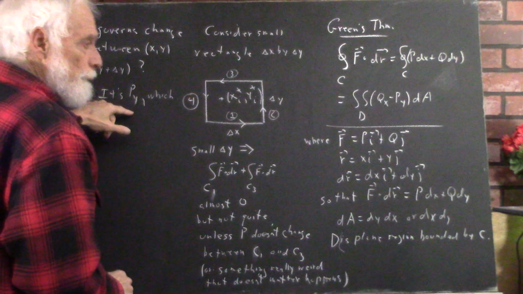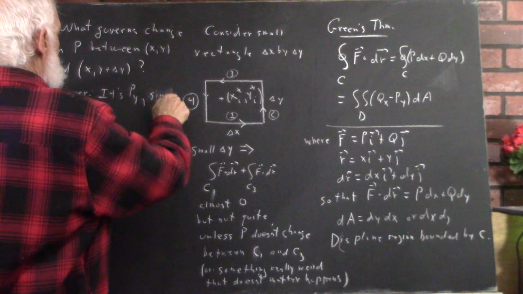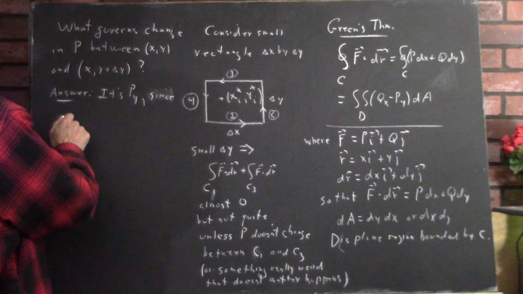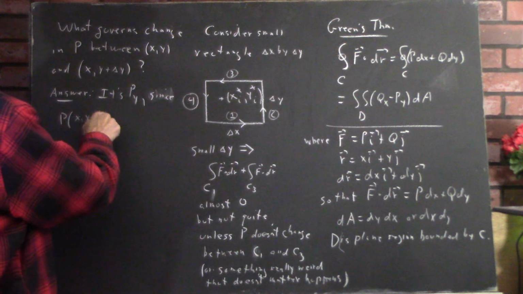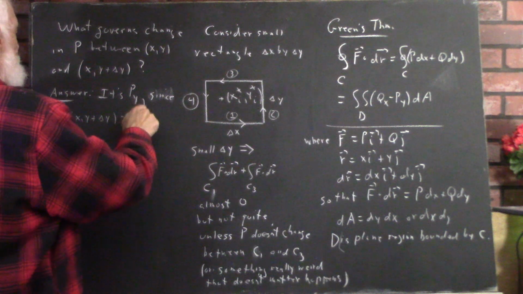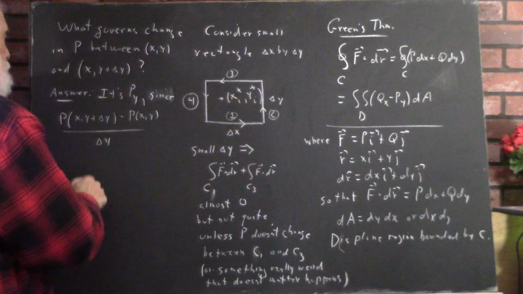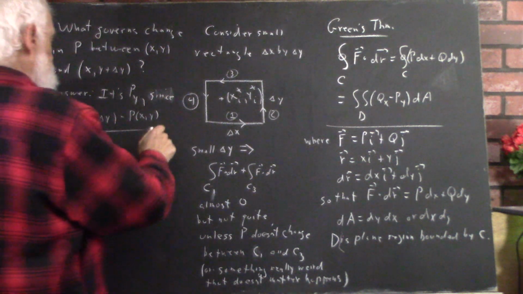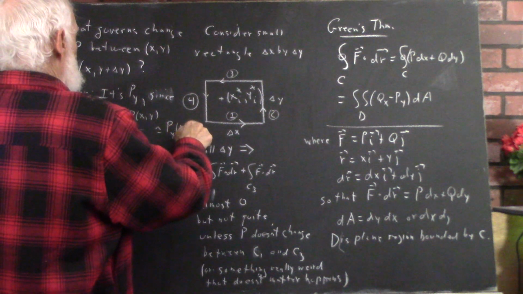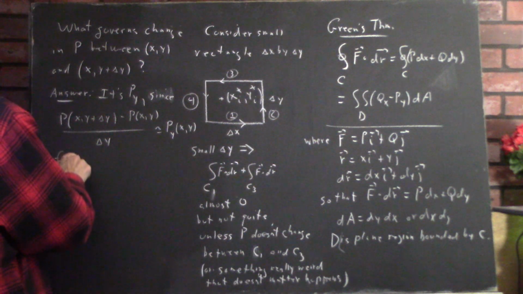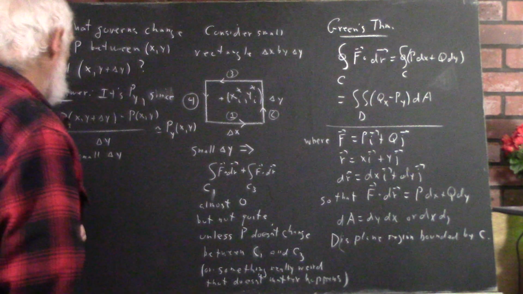Because, of course, since P of (x, y plus delta y) minus P of (x, y), over delta y, is approximately equal to Py at (x, y) for small delta y.